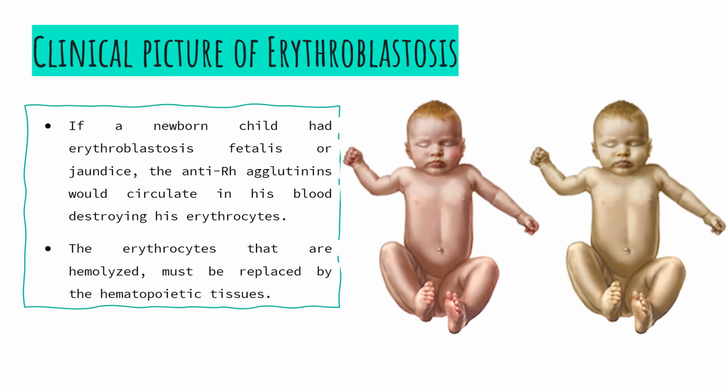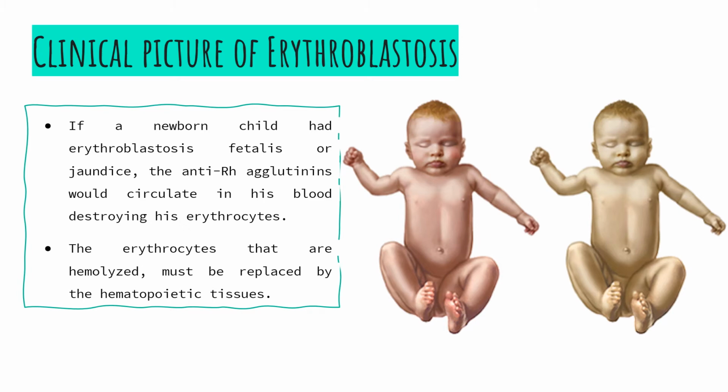Clinical picture of erythroblastosis. The book says that if a newborn child has erythroblastosis fetalis and jaundice, he could be anemic, and the anti-Rh agglutinins from the mother will circulate in the child's blood for 1 to 2 months after birth, destroying more and more red blood cells.